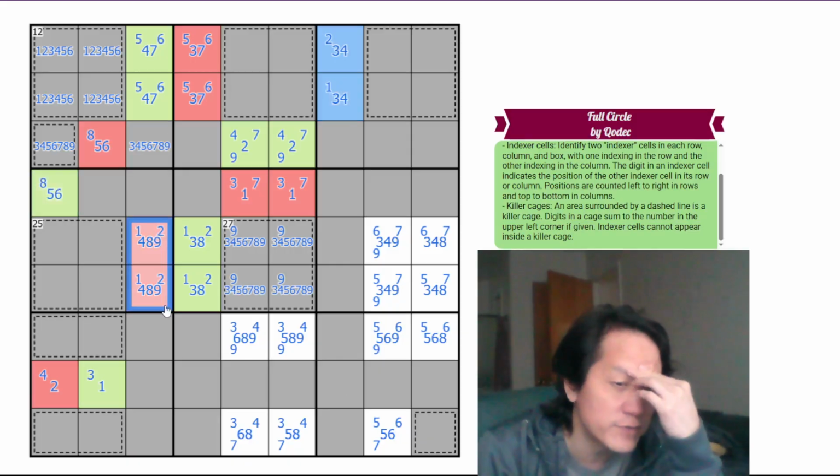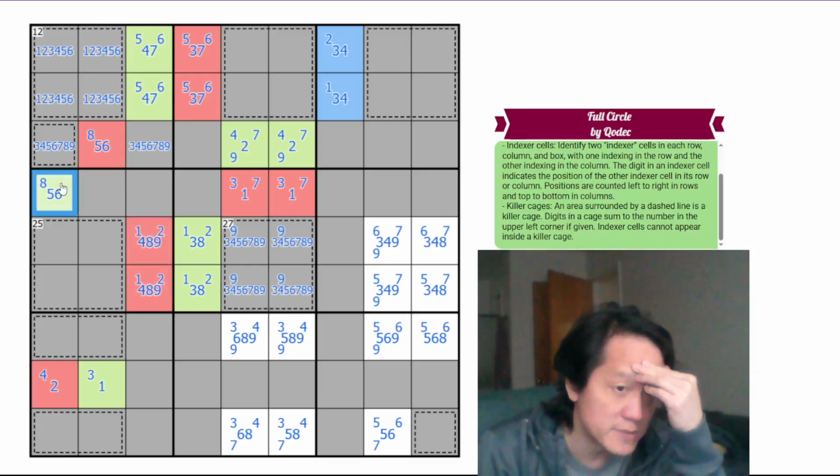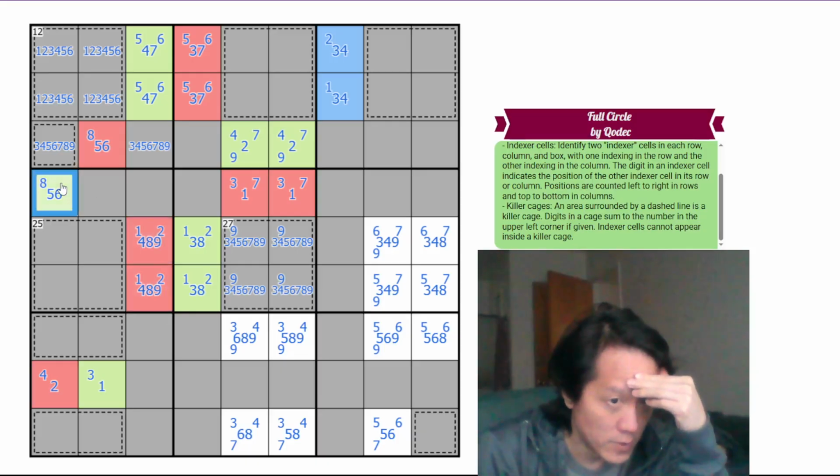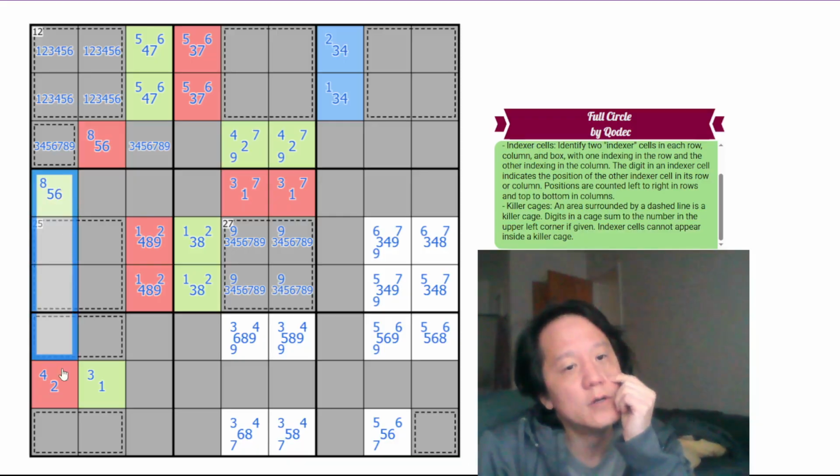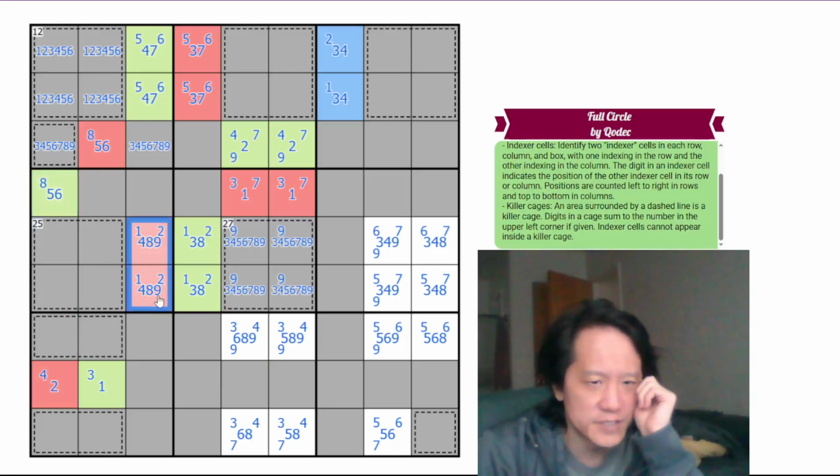If this is referencing a row, that means this is referencing column. So this column would, is that the case? Well, in this instance it is, because since these are opposite, one references the row, one references the column.